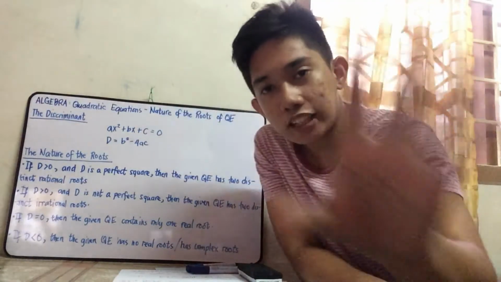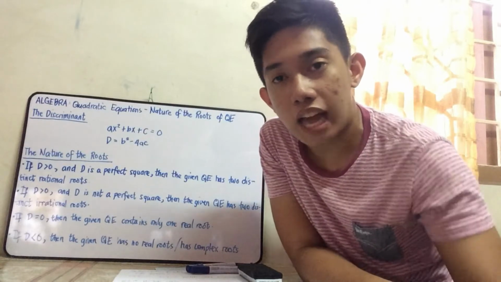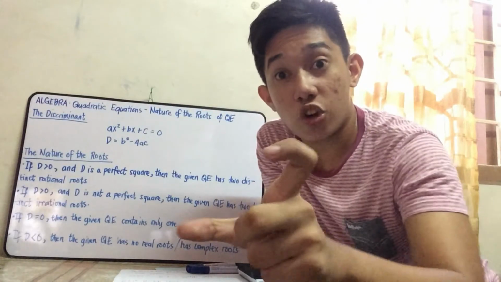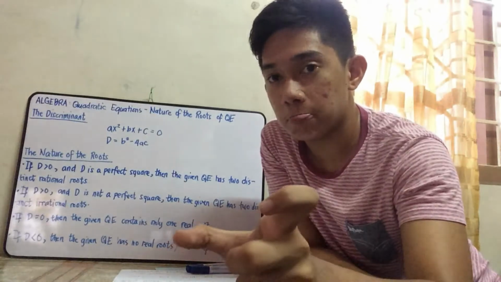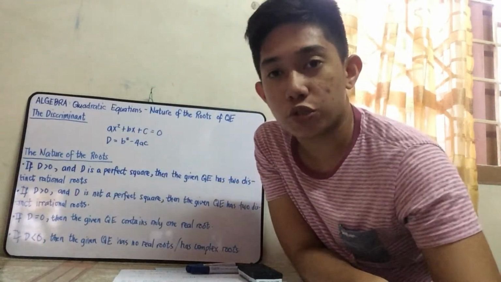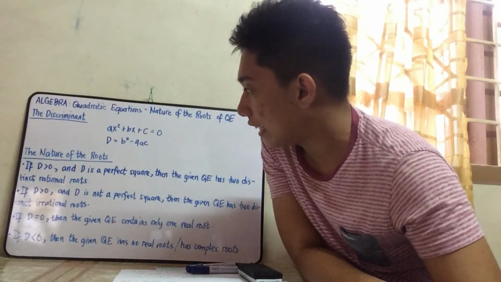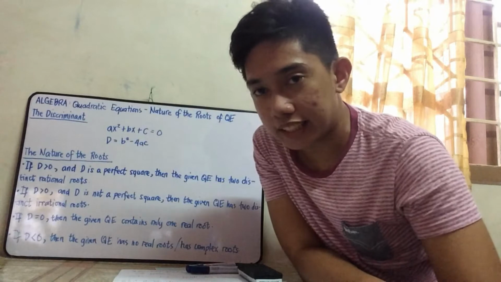Nabanggit ko rin sa past video ko about quadratic formula na yung nasa loob ng square root, ang formula nyo is b squared minus 4ac. Diba? So, ang b squared minus 4ac, yan yung ating discriminant.